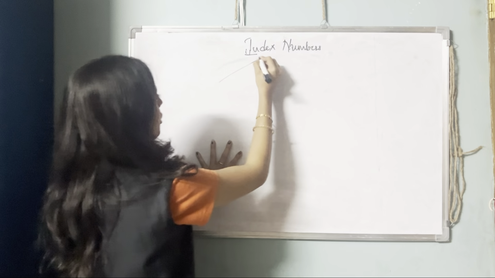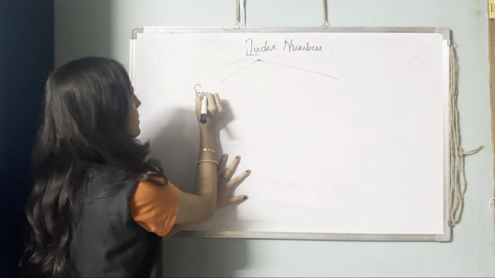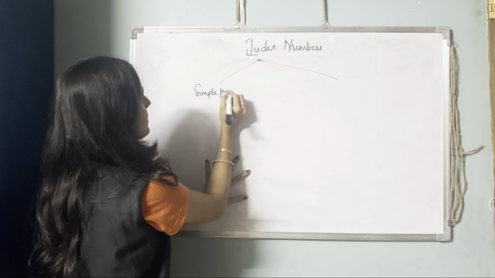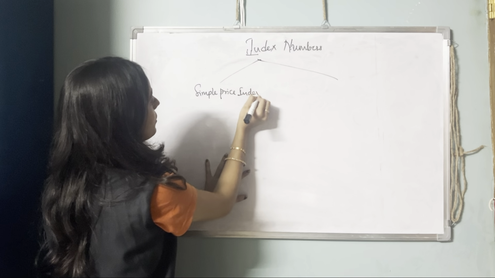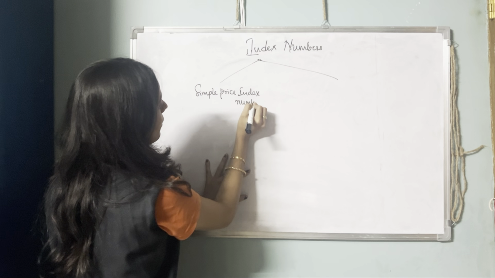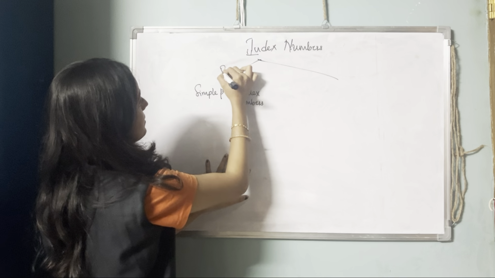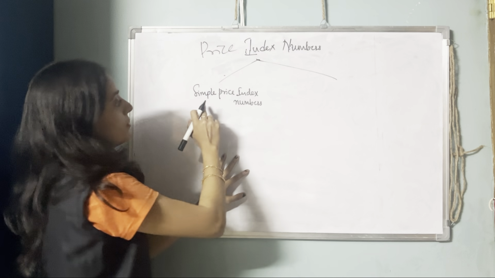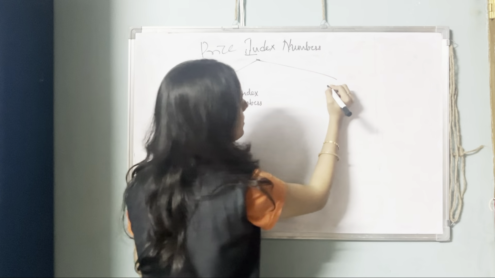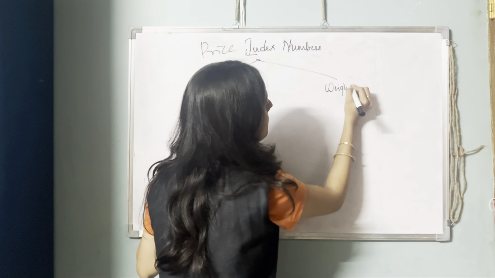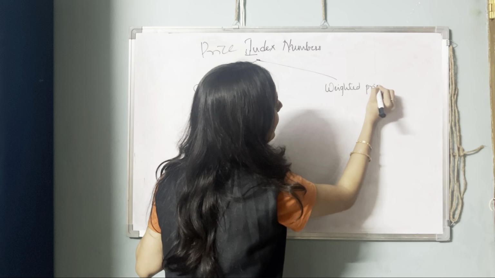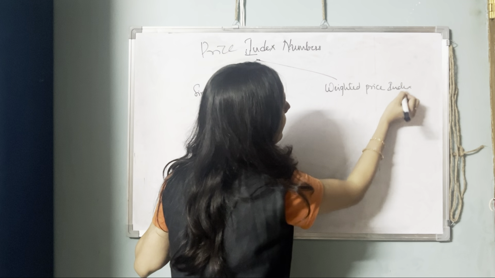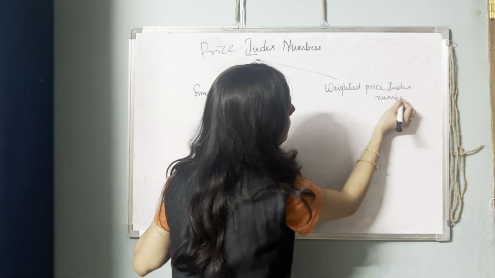There are two methods of calculation of price index numbers: simple price index numbers and weighted price index numbers.